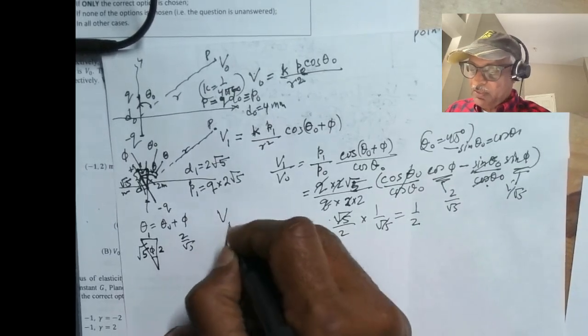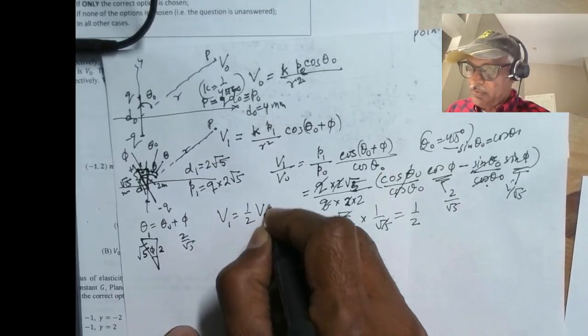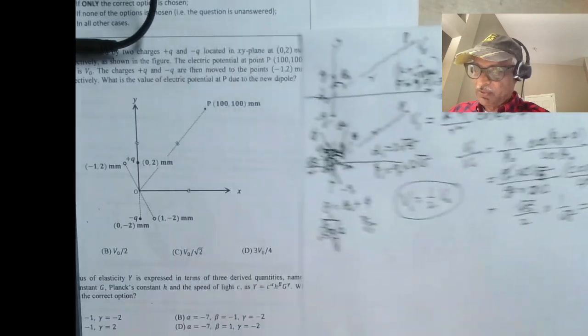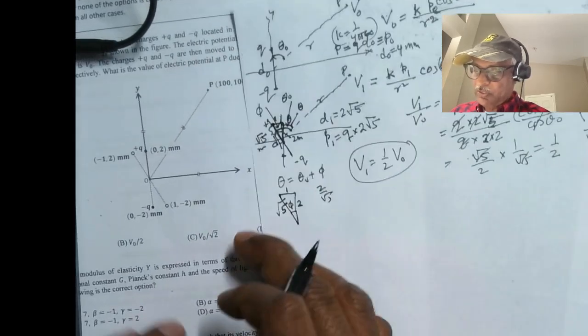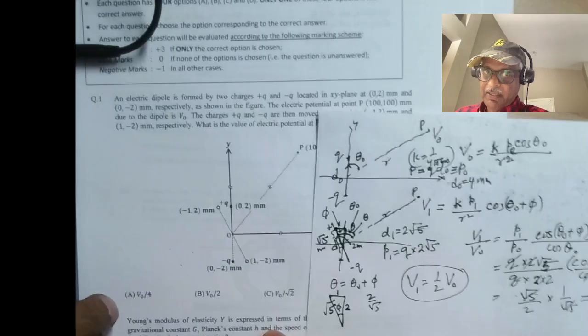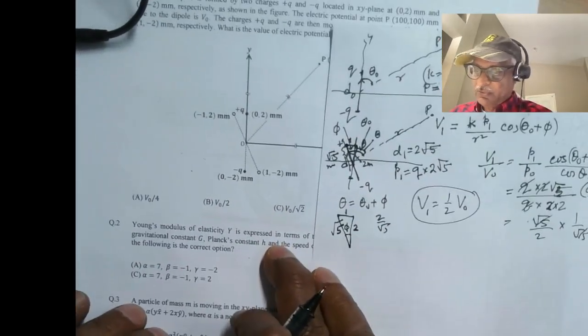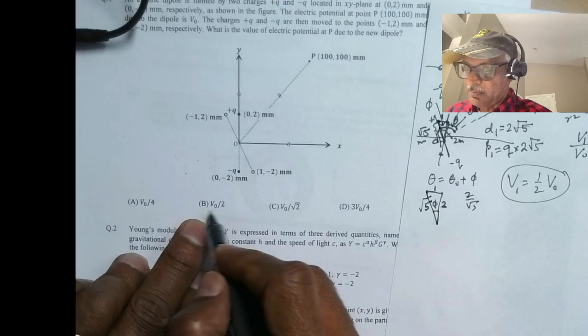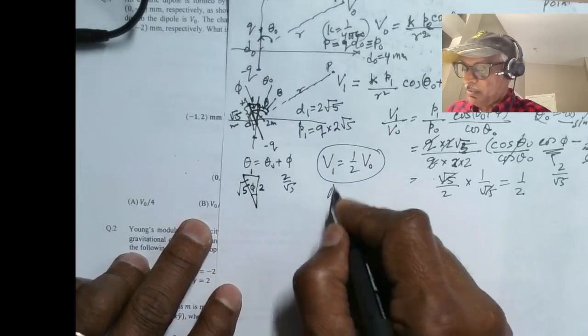So V1 is half V0. And let's check it out. What choices do we have as an answer? There's a B here. Make sure that B, yeah, everything is right. So the answer is B.